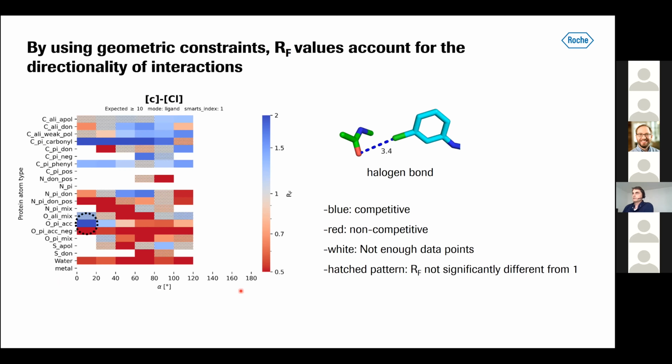And just without going through the details, you can see that for this area here, we have a blue bin indicating a higher RF value, which represents the halogen bond, which occurs at the extension of the sigma bond along the chlorine carbon bond. And these are known to be favorable and are nicely reflected by our geometrically constrained RF values. And I will tell you a bit more about these halogen bonds in a few slides.